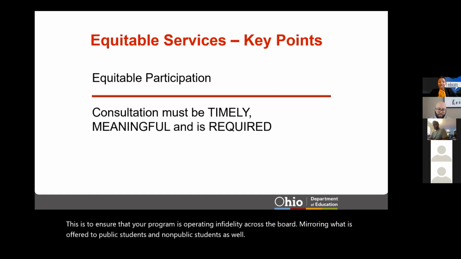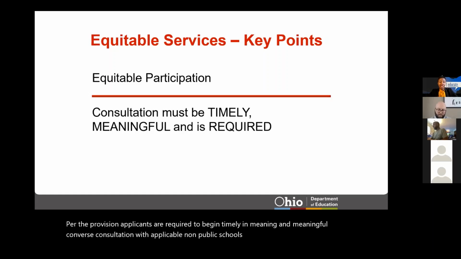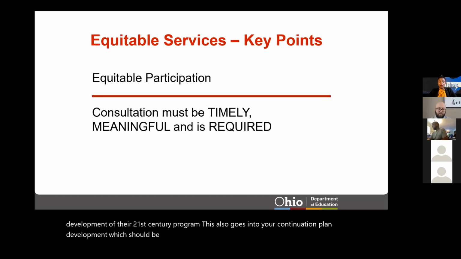Per the provision, applicants are required to begin timely and meaningful consultation with applicable non-public schools during the initial design and development of their 21st Century program. This also goes into your continuation plan development, which should be occurring every fiscal year. Every year that you're funded with 21st Century funds, you should be doing this consultation.